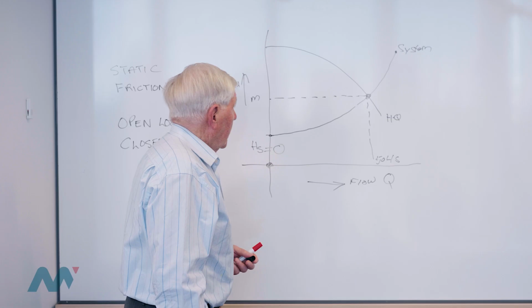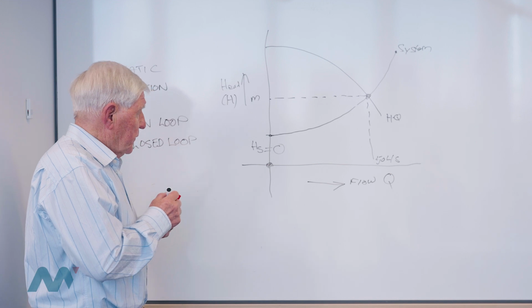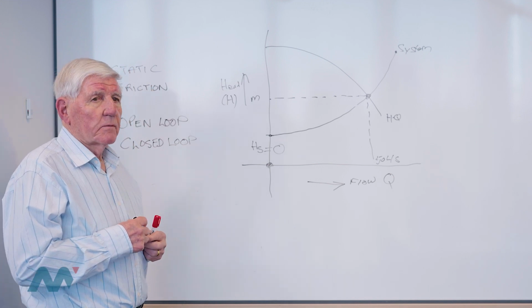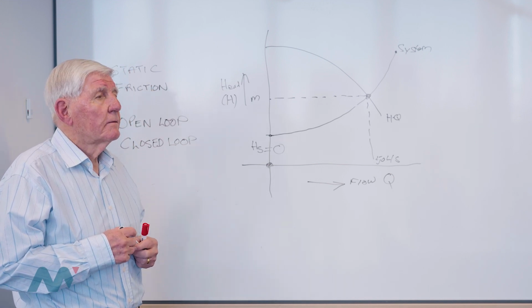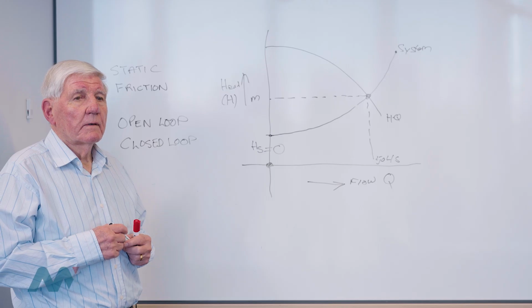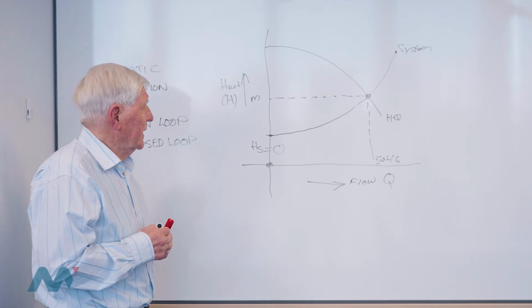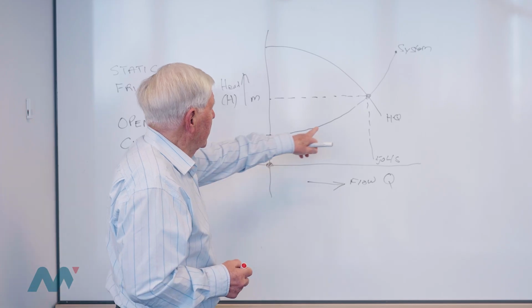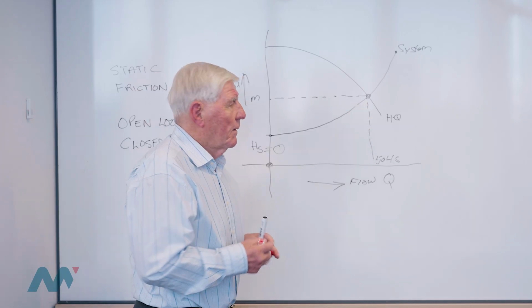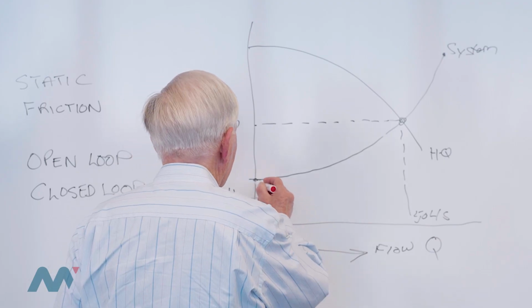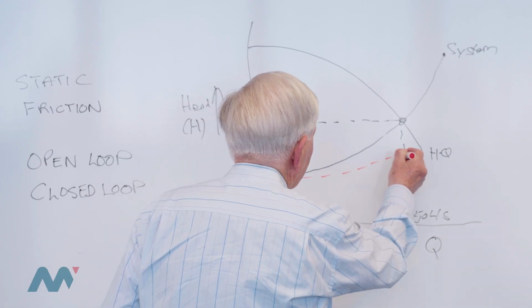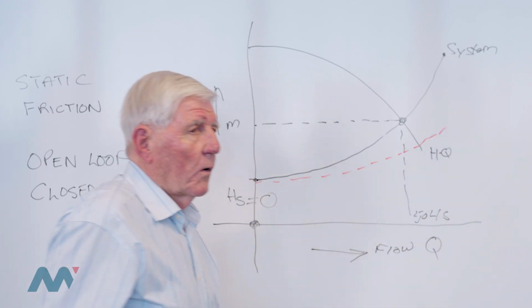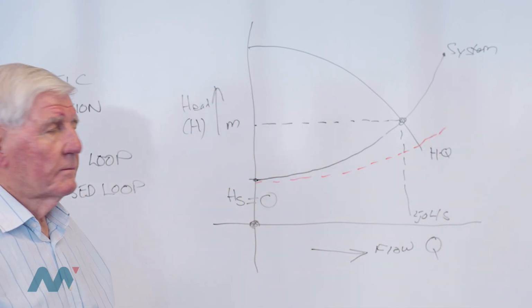Okay? What happens if you calculate the system incorrectly? Anybody got any ideas? Okay, well, let's have a look. If we calculate the system incorrectly, and this was our theoretical, but our actual system curve is more like that, where will the pump operate?